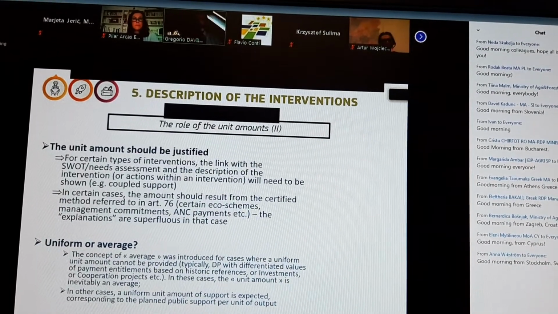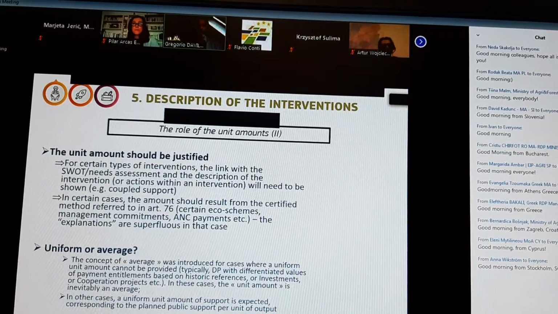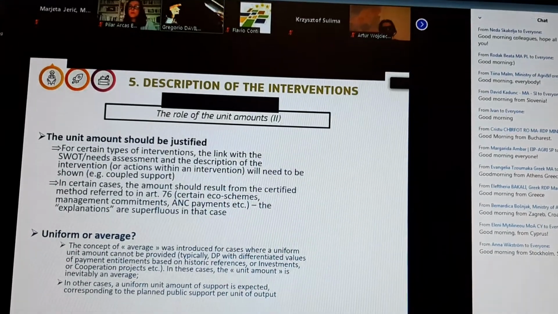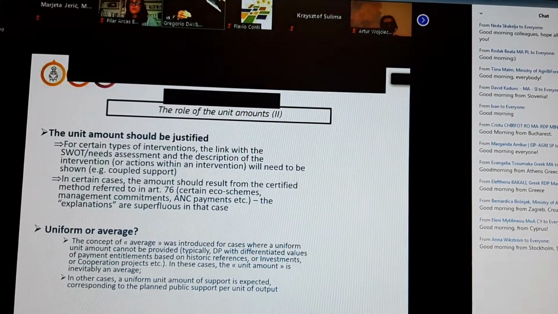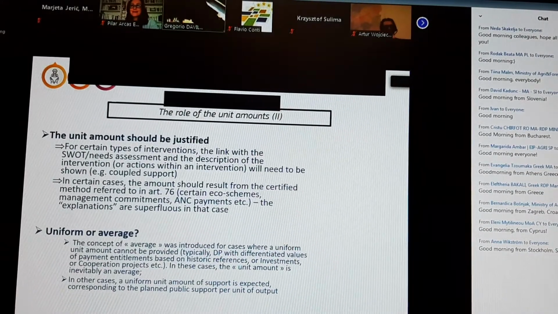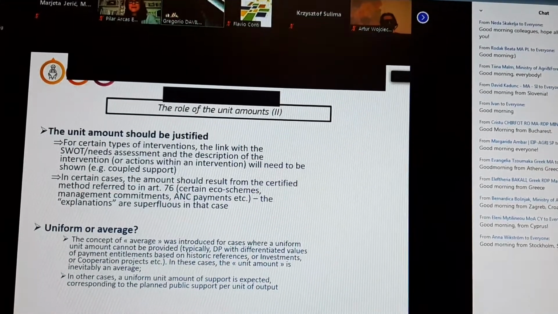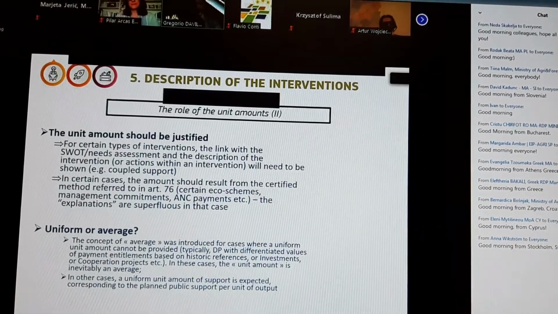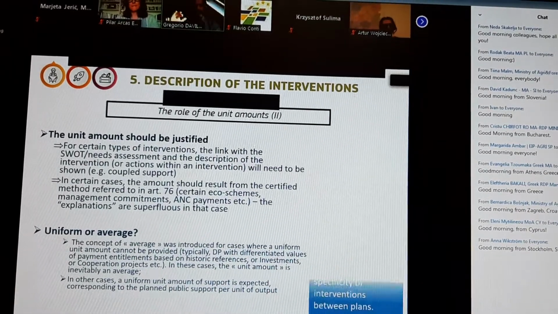So these are the cases for which the uniform is not possible to be applied, and indeed it gives some flexibility in terms of deviating from this unit amount, because this will be an average and there will be a maximum average amount that will be taken for the performance clearance as a benchmark.